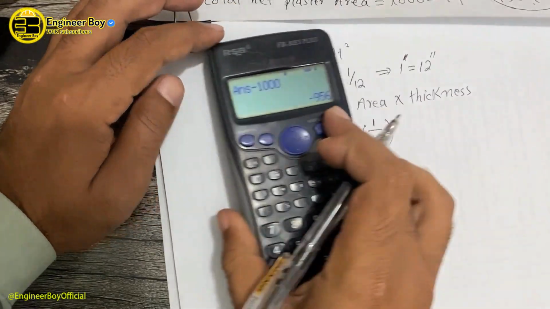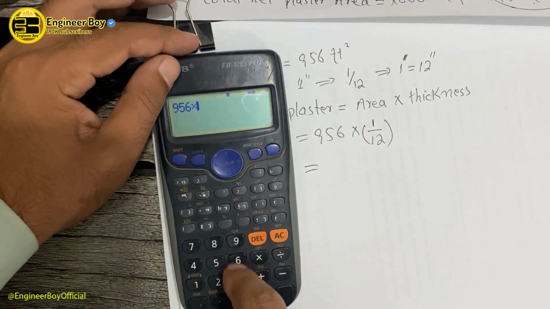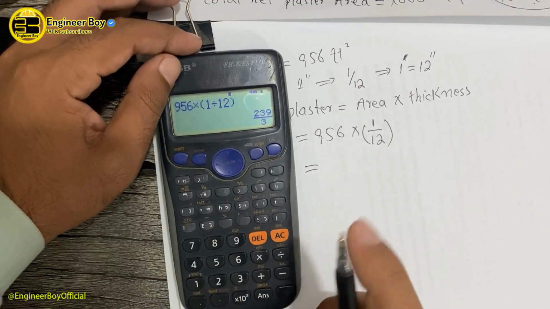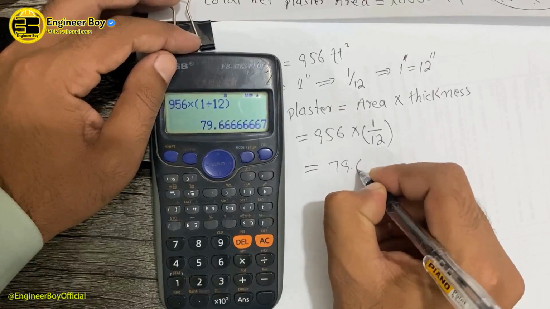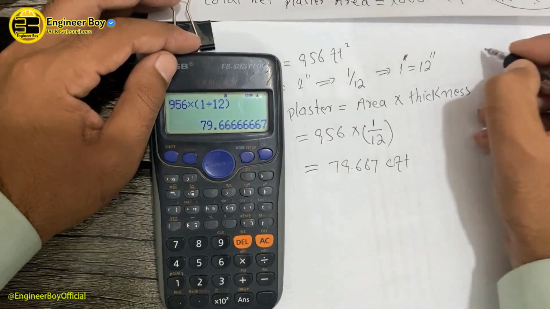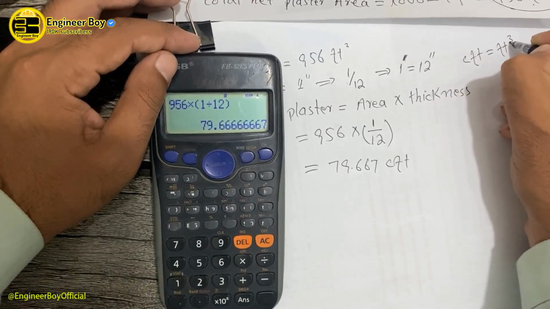Now as you can see, we have 956 and we will multiply that with 1 over 12, so we can get the plaster volume, which is actually 79.667 CFT. CFT means just the cubic feet.